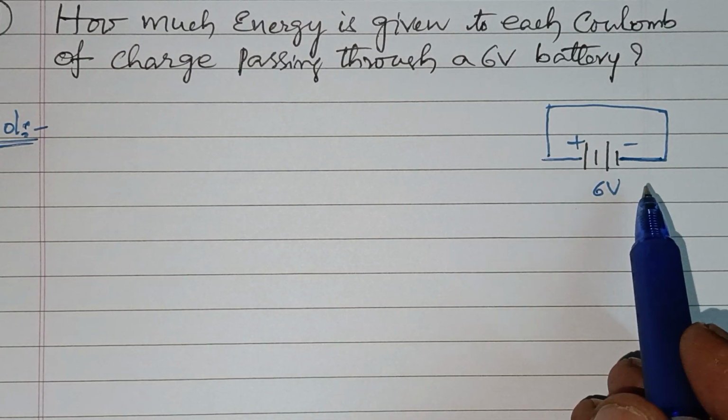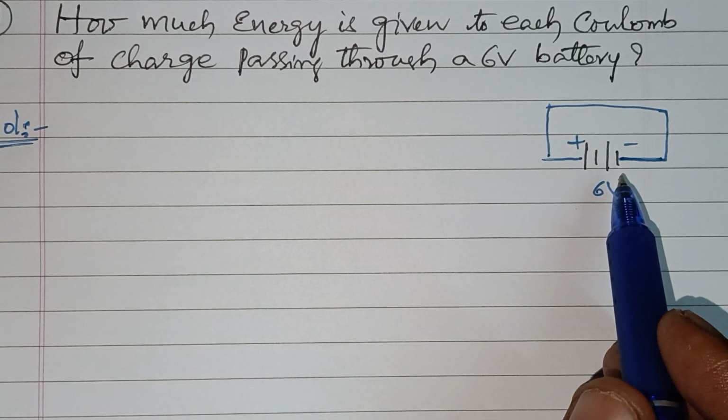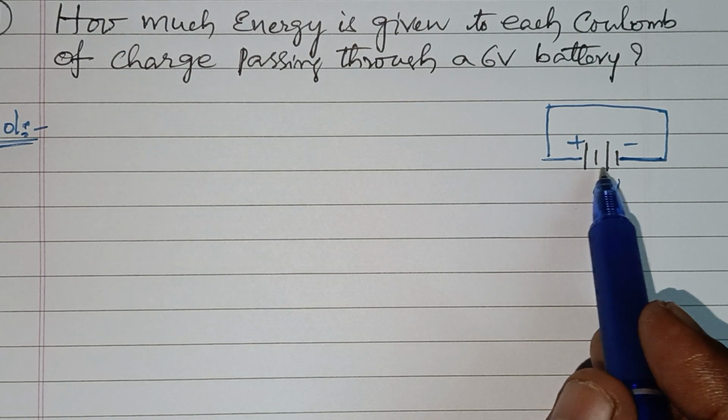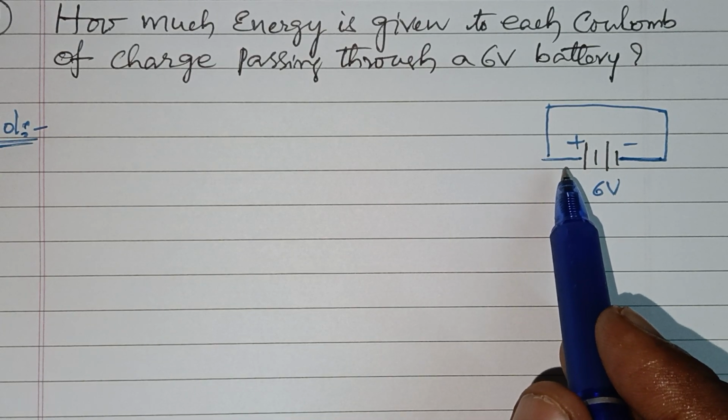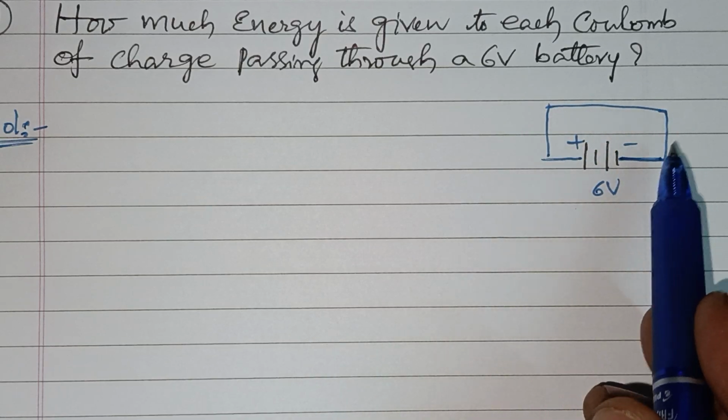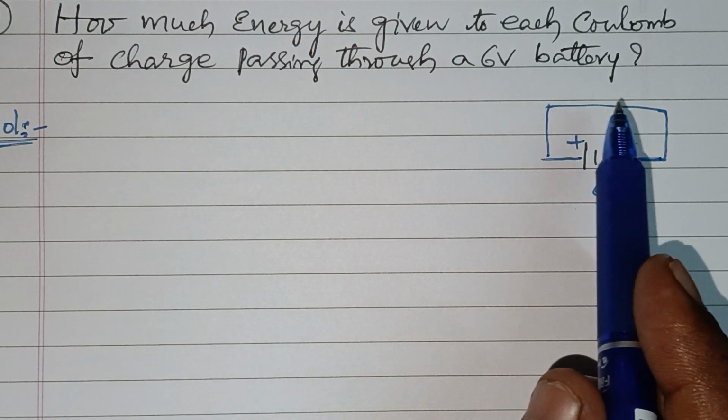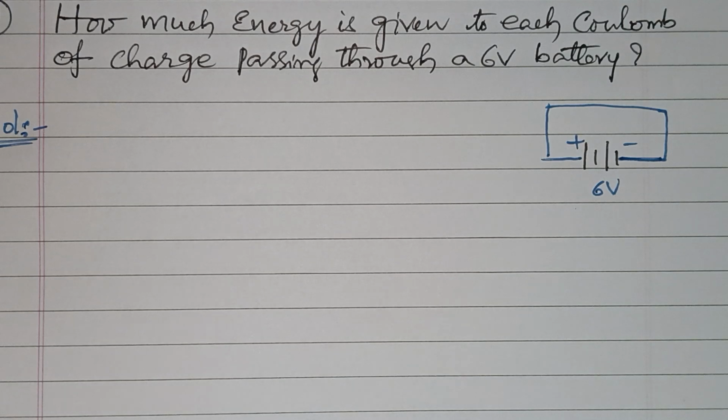If you just draw a diagram based on the given data, we have a battery here which is a 6-volt battery, through which some charge is being moved in the circuit.